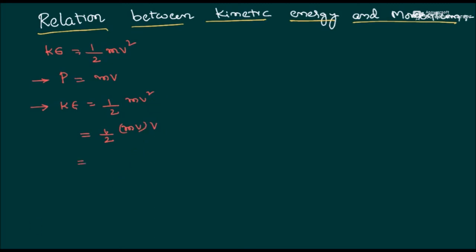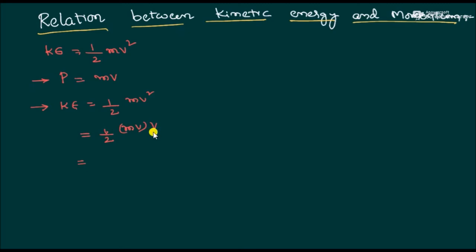Now what we are trying to do here is we want to replace the value of mv with p. So we can put the value of momentum in place of mv from here. But we also want the value of kinetic energy which is independent of the velocity. So we want to remove this extra v also.